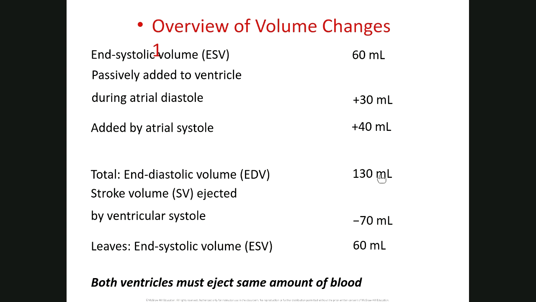It shut the valves behind it, and you got S1. And then finally blood was let out, and the blood that was let out was 70 ml. Then the blood that fell back closed the valves behind it, creating the second heart sound.